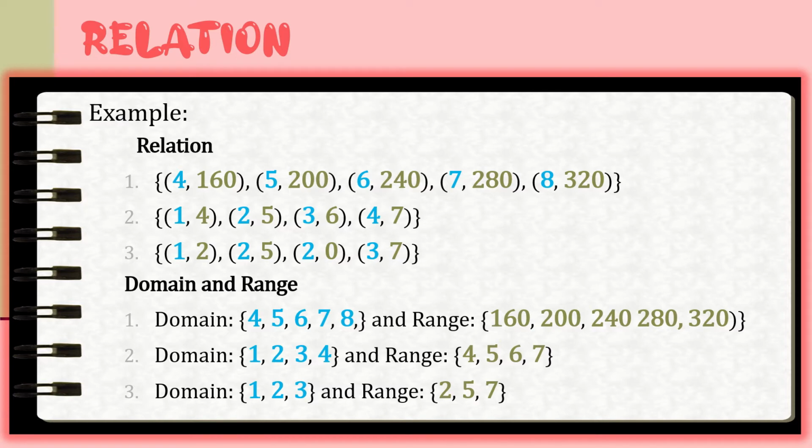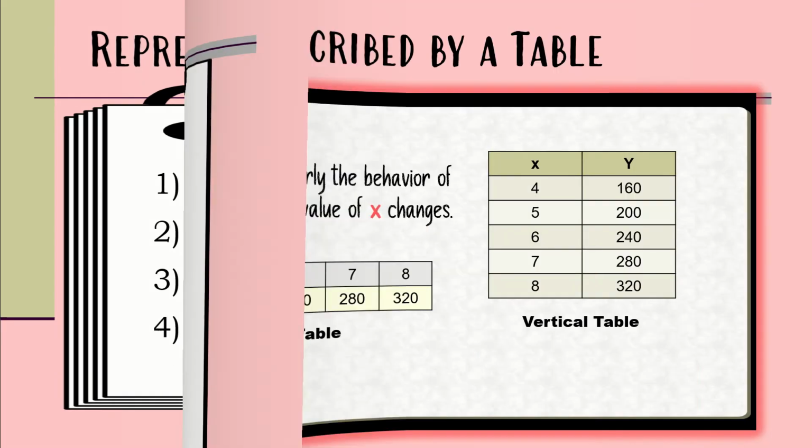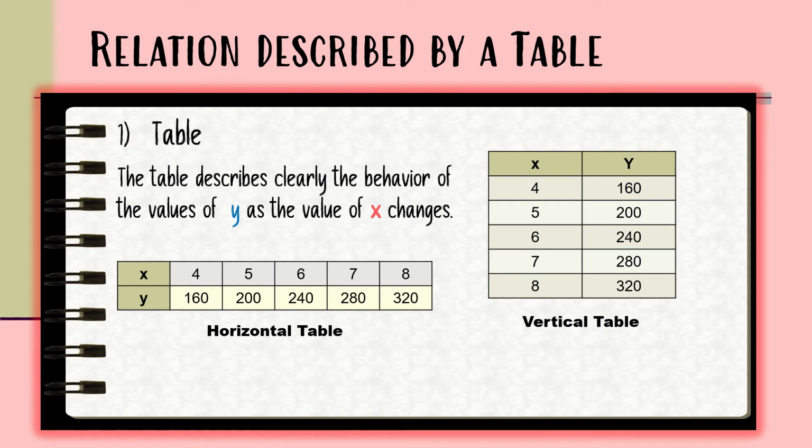We can also present a relation by using a table, mapping diagram, graph, and rule. The table describes clearly the behavior of the values of y as the value of x changes. We can use a vertical table or horizontal table.